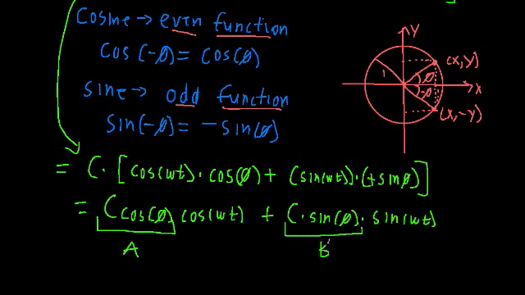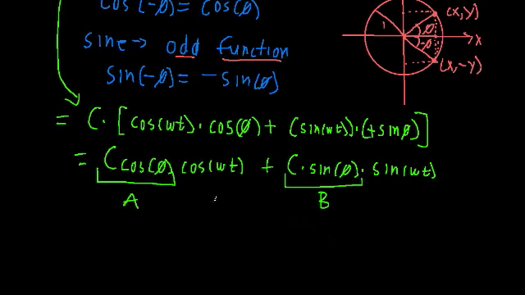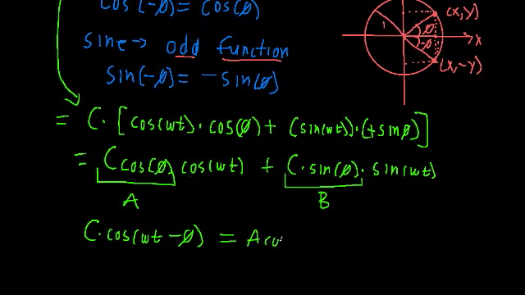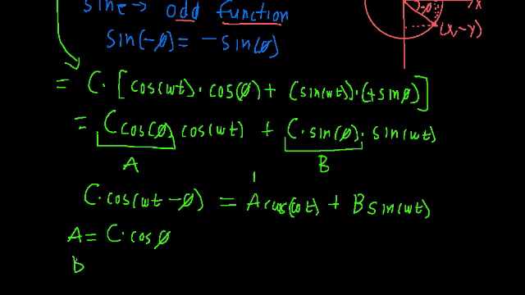Let's call that B. So our original expression, C times cosine of omega t minus phi, is equal to A cosine omega t plus B sine omega t. Well, we did it, and in doing so we showed that A is equal to C times cosine phi, and B is equal to C times sine phi.